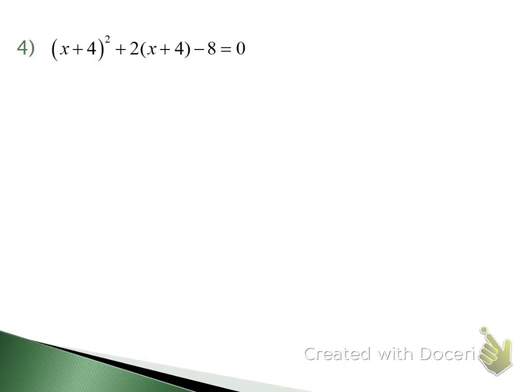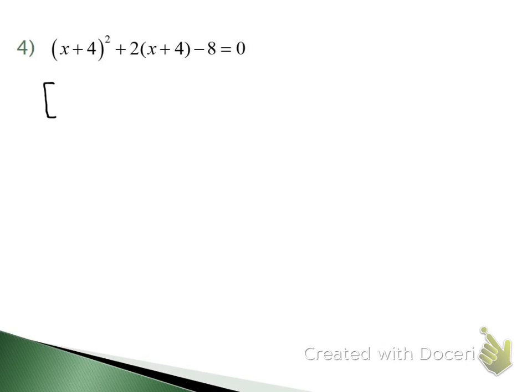So now, I've done one like this for you before. In the past, I would tell you to go off to the side and say u equals x plus 4, and see how you would have had u squared plus 2u minus 8, and you could factor. No more. I'm not going to show you that way. We're going to be big boys and big girls now.